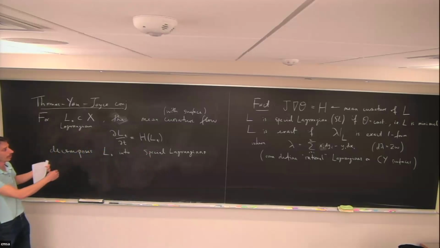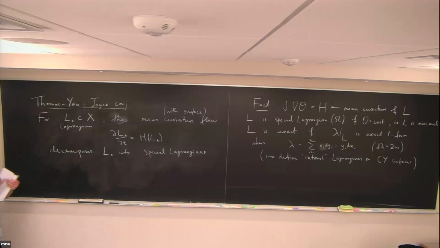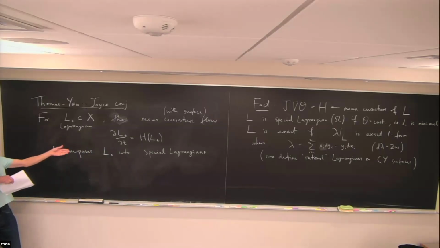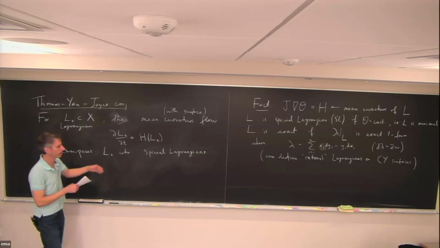If you're familiar with stable vector bundles, this would be an analogous decomposition to the Harder-Narasimhan filtration, where you take any vector bundle and get a filtration of it such that the consecutive quotients are stable with perhaps different slopes.